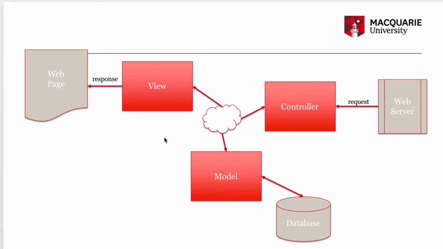I've drawn some extra things here. I've drawn the database here, that's sort of external to this MVC, and that is talked to by the model. Over here we've got the web server. The web server, something like Nginx or Apache or our little Python development server, handles the request, so it receives the HTTP request and sends it to our controller module.